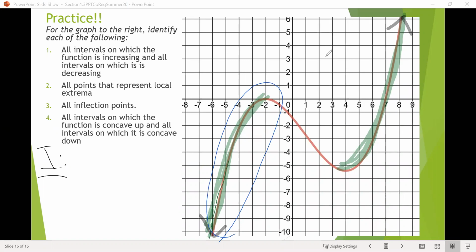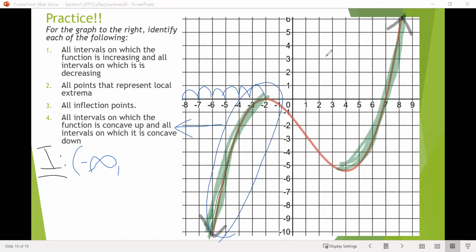So it looks like the place where it starts increasing is going to be way out here to the left, which would be an input value at negative infinity. And then it increases from negative infinity all the way up to -8, -7, -6, -5, -4, -3, and then it looks like it stops increasing there at the value -2.